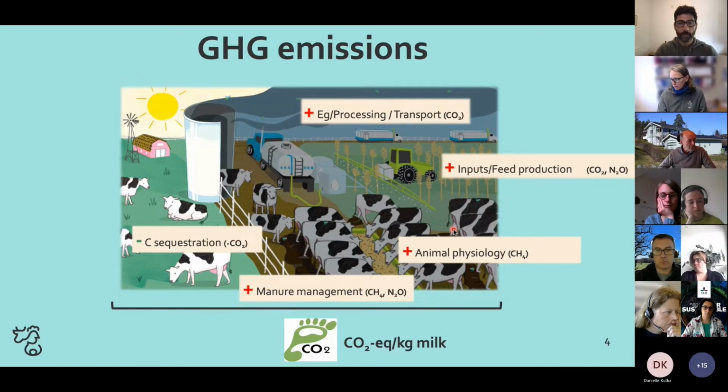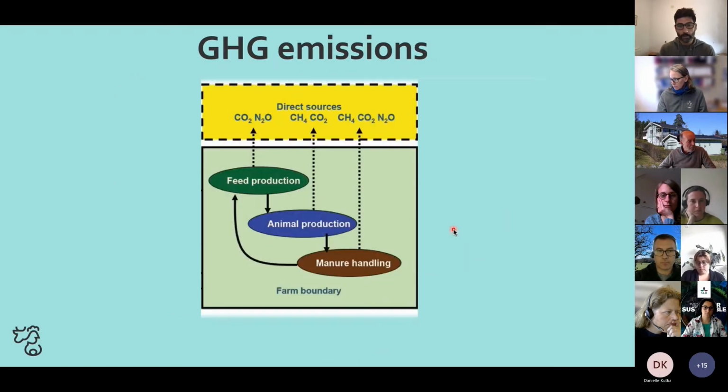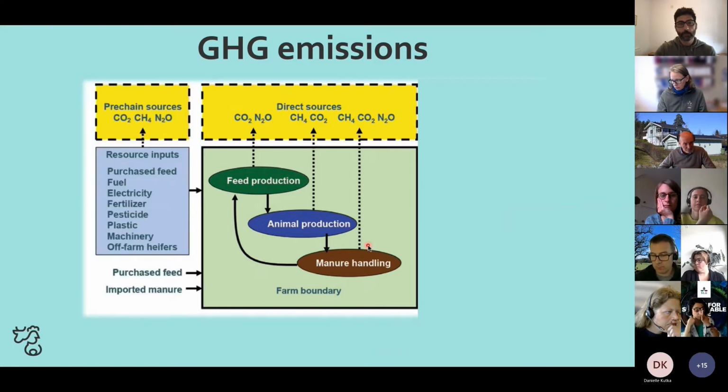So this graph can be considered in a more complex way with emissions occurring in the farm, what we call direct sources from feed production, animal physiology and manure handling. Then what we call the pre-chain sources that you can see on the left-hand side. And as I said before, any input that comes into the farm, not only material, but animals or organic material as well, is considered.